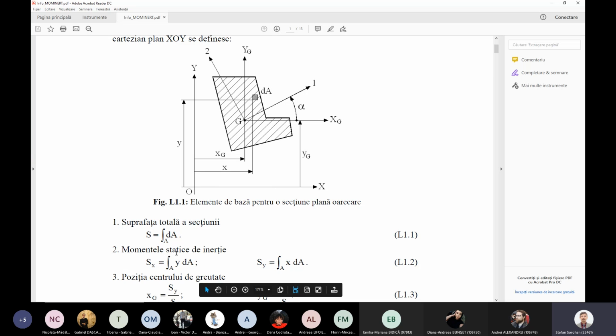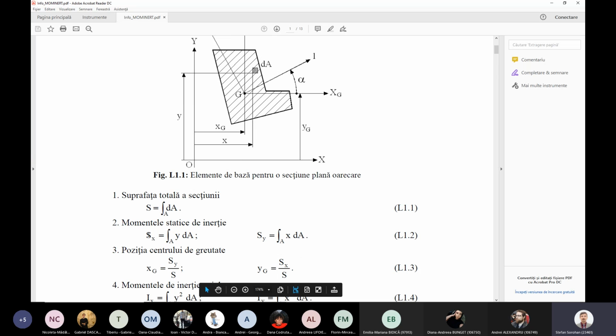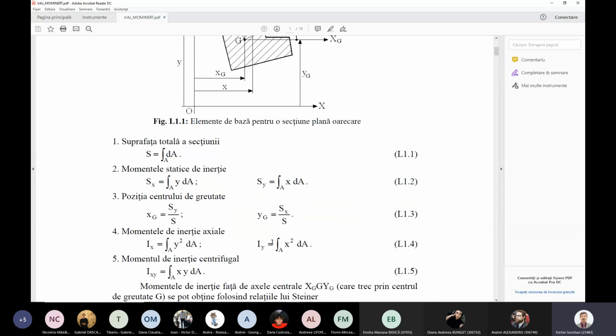The static or the first moment of inertia, according to this picture, S according to x-axis is the y coordinate. That means y is this one here, multiplied with dA and integral over the complete surface. And this is similar for the y-axis.